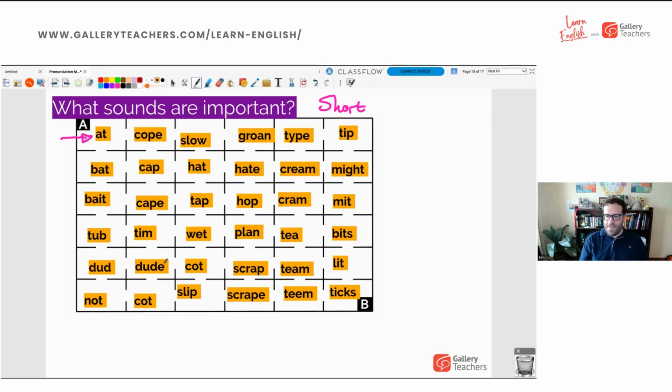Ashik says, shall I say them for you? We've got cope, bat. O, A. Yeah, so Ashik is right. We go to bat. What's next? So bait, A. What's next?